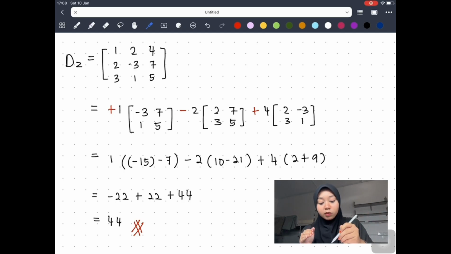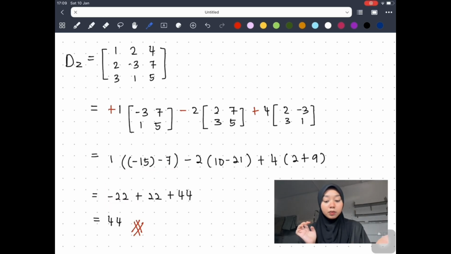For example, negative 3 multiplied by 5 gives negative 15, and 7 multiplied by 1 gives 7. The two numbers we multiplied, we subtract from each other. So it will be 1 multiplied by negative 15 minus 7, and we get negative 22.